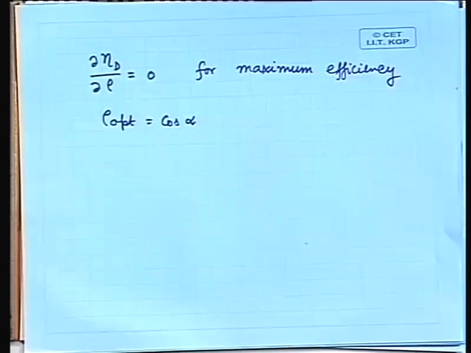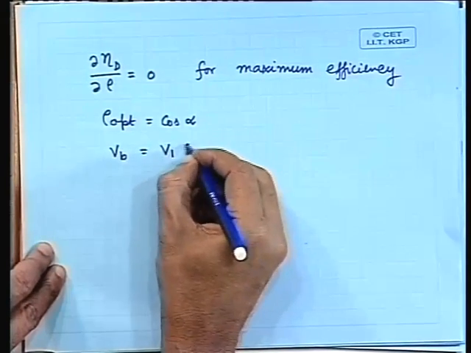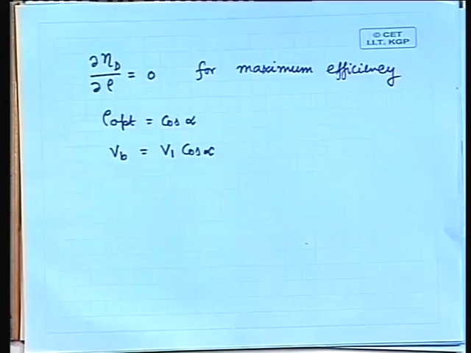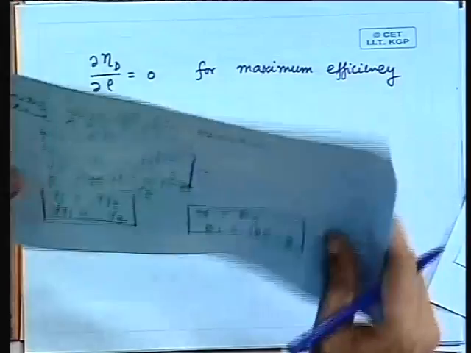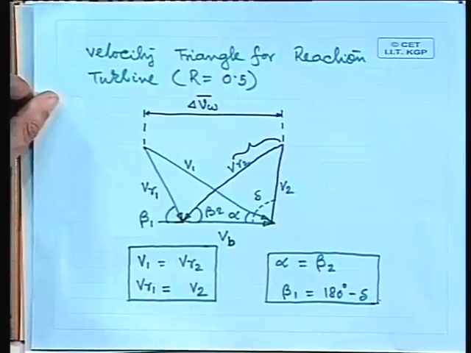So, this is the value of optimum velocity ratio we will get, and then Vb is equal to V1 cos alpha, not for all the cases, but for a 50% reaction turbine and when we are looking for maximum efficiency. So Vb will be V1 cos alpha.